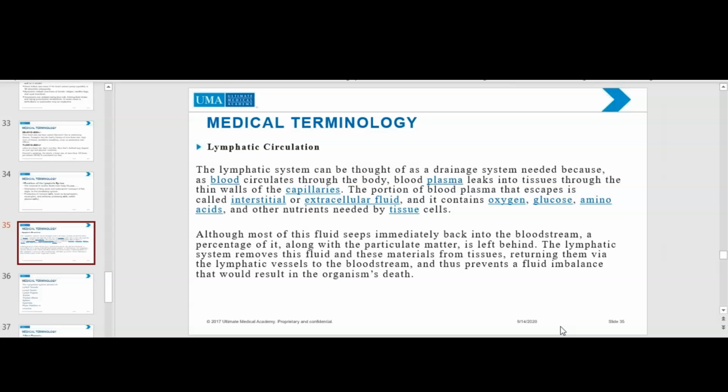Although most of this fluid seeps back into the bloodstream, a percentage of it, along with particulate matter, is left behind. The lymphatic system removes this fluid and material from the tissue, returning them via the lymphatic vessels to the bloodstream, and thus preventing a fluid imbalance that would result in organism death.